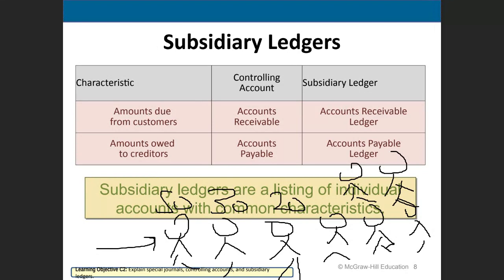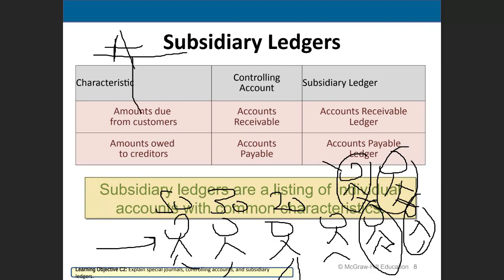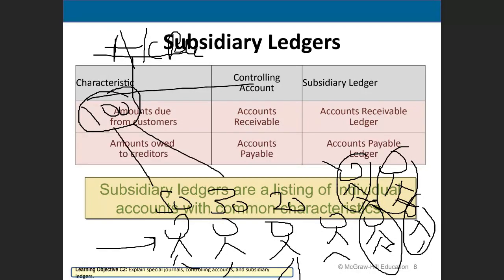Now, the important point here is if we don't keep track of each individual customer, we will lose the information. We don't know who should pay how much. If our accounts receivable was, let us say, 100, this shows us that the total amount we expect to receive is 100, but it does not tell us who should pay how much.